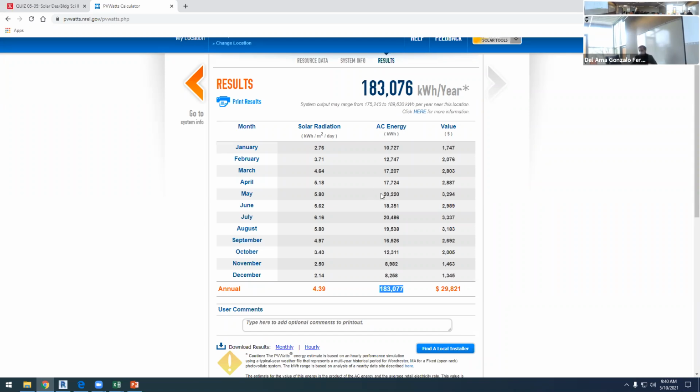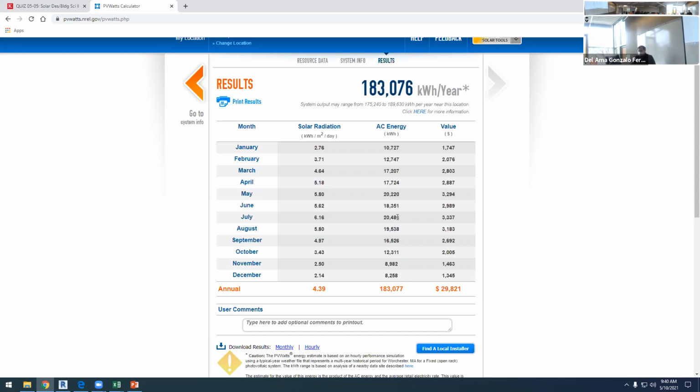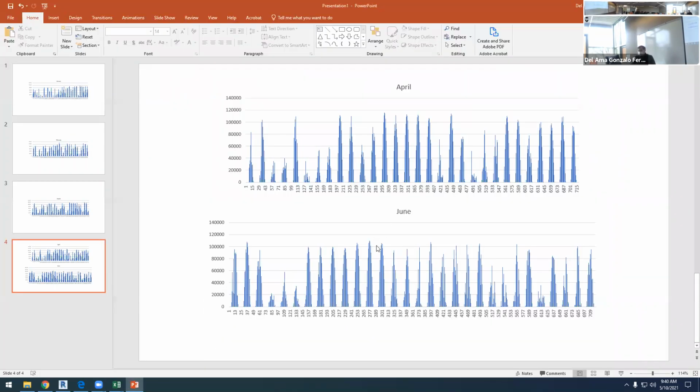But then if we analyze monthly, then we can understand in which month we are producing the most energy. In this case, July. But it's because of the amount of sun hours that we have in July. Because when it comes to the peak energy production, April is better than July.